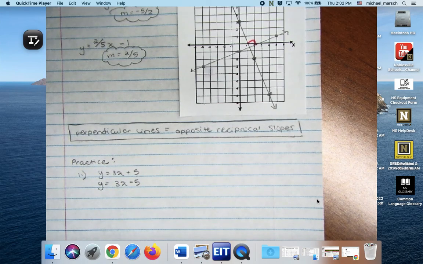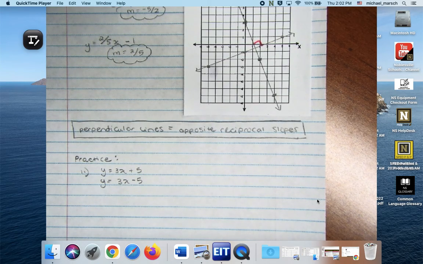So we're going to do a little practice here. I'm going to give you two equations written in slope-intercept form, and you're going to tell me if they are parallel lines or perpendicular lines, just looking at the slope.